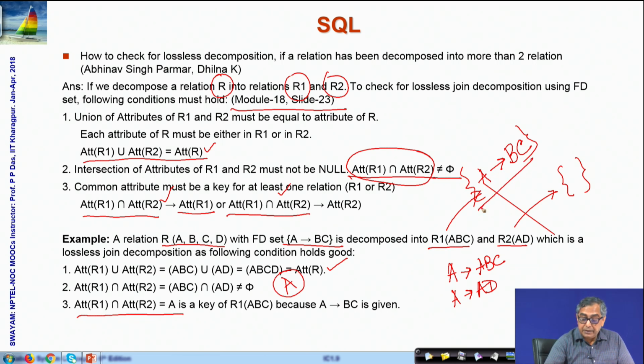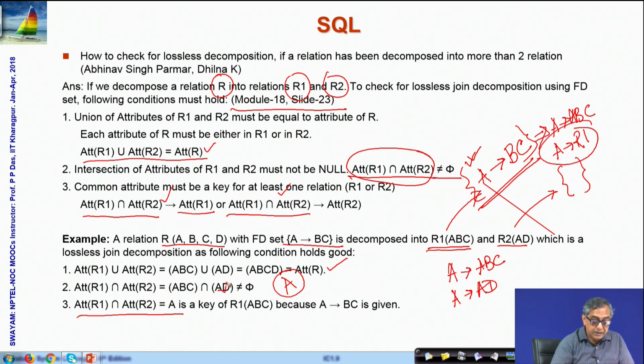A determines B C means that A is the candidate key for the relation R 1, and so if A determines B C, then A determines A B C. That is a simple thing, because I can take A determines A and A determines B C, do a union, and I will get A determines A B C. So, in other words, A determines R 1.